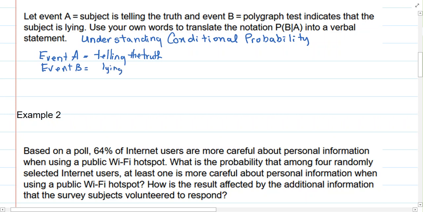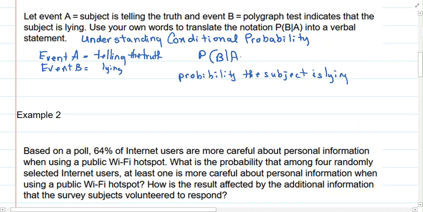All right, now let's read what it says. The probability of B, okay? So we're saying the probability the subject is lying, okay, and that's such that A, given the subject is telling the truth.